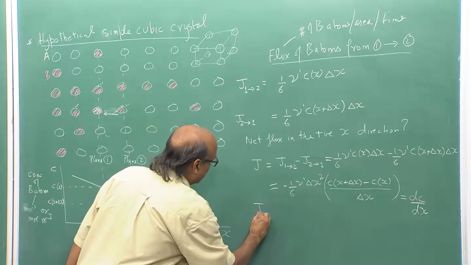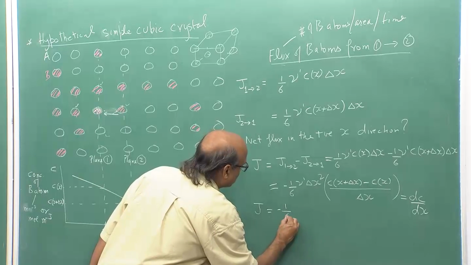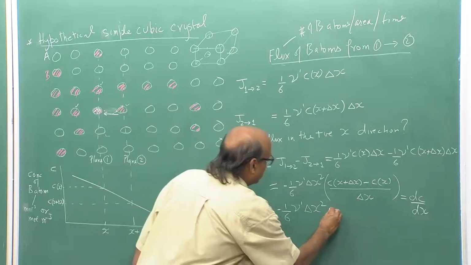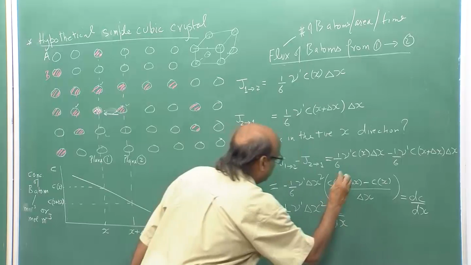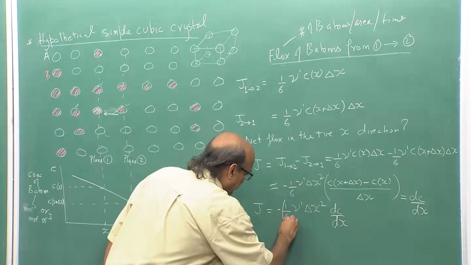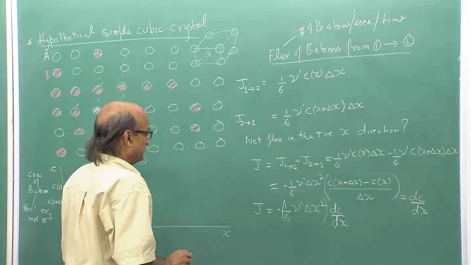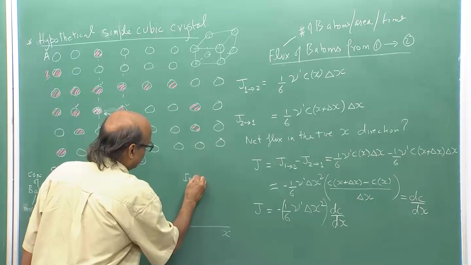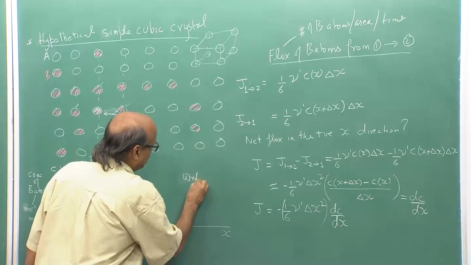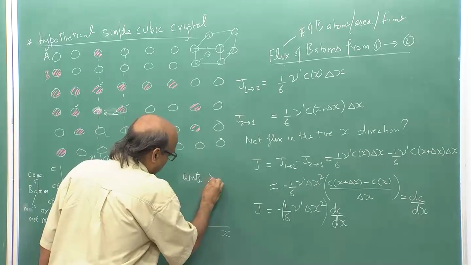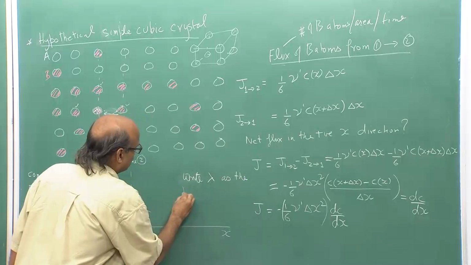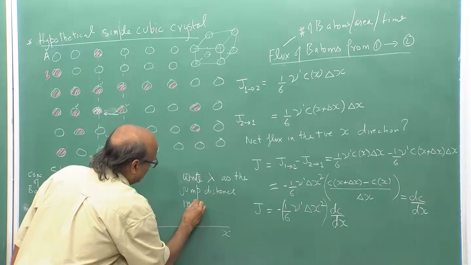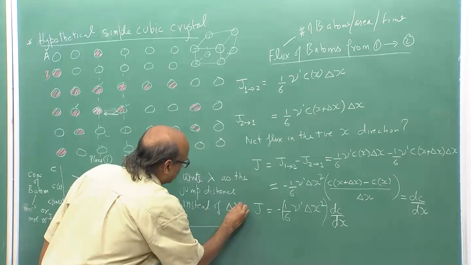Hence, the net flux becomes minus 1 upon 6 nu prime delta x square times dc by dx. Let us look at this term. And in fact, before this, let us write lambda as the jump distance instead of delta x.